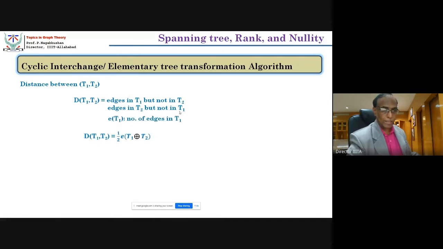Mathematically, take the ring sum of T1 and T2, and find the total number of edges present in the ring sum of T1 and T2. Half of the total number of edges present in the ring sum of T1 and T2 is the distance. Okay. Now, a simple interesting question would be whether this distance is a metric or not a metric.